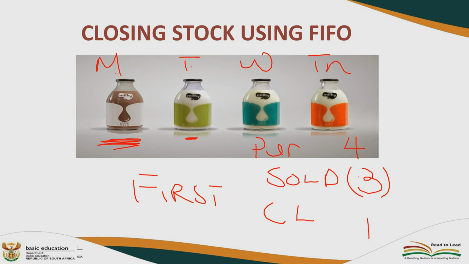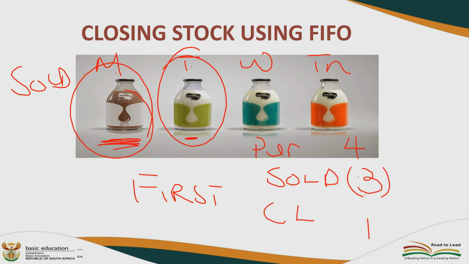Which bottle is it? Is it the brown one? Is it the green one? Is it the blue one or the orange one? This is simple now. Why? Because first in is first out. What came in first? This one. So if we sold 3, it simply means this is already sold. If we sold 3, it means this was the second bottle to be sold.